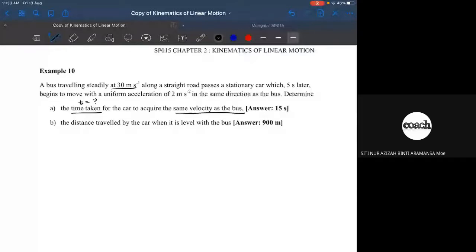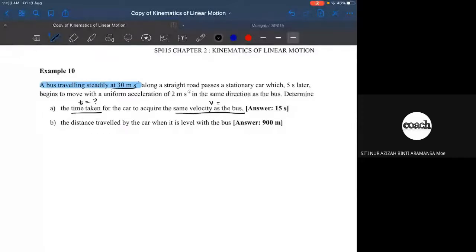So, baca ayat dekat atas ni ya. A bus travelling steadily at 30 meter per second. Apa maksud steadily tu? Steadily tu maksudnya constant. Daripada awal sampai akhir, bus tu bergerak kelajuan dia 30 meter per second, tak makin laju, tak makin perlahan. So, we know the velocity of the bus is V equals to 30 meter per second.